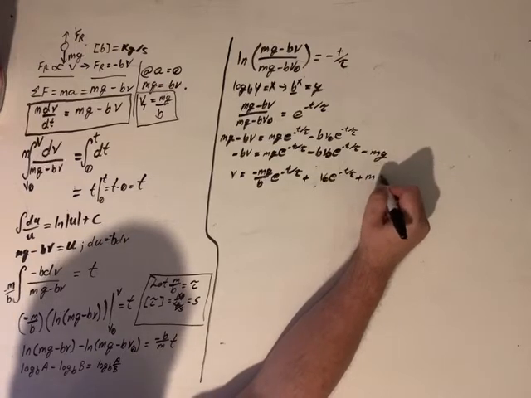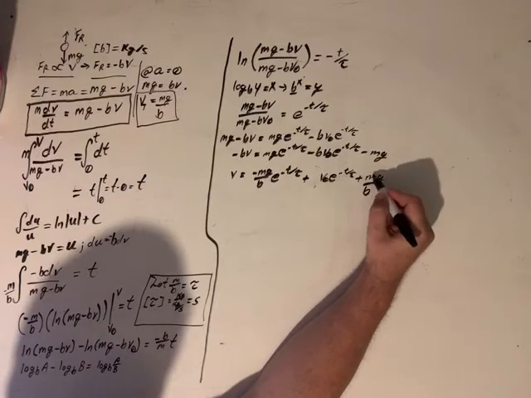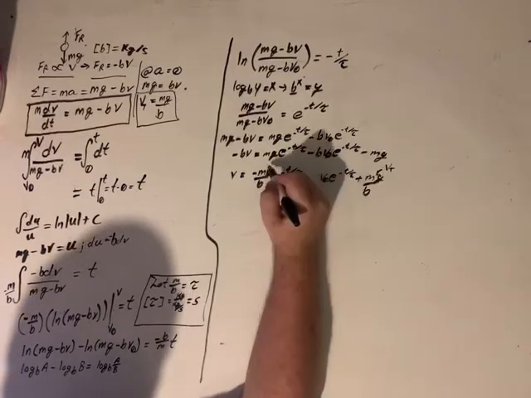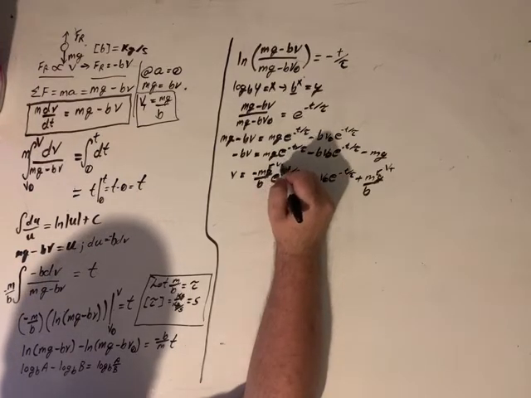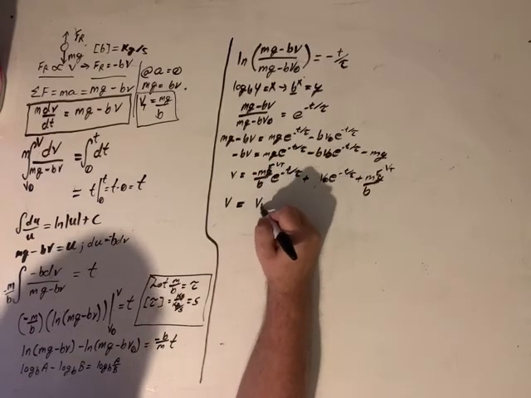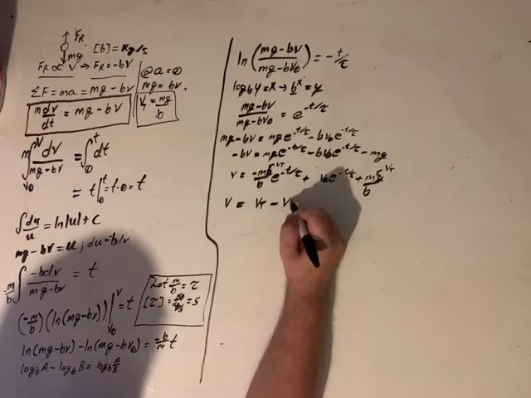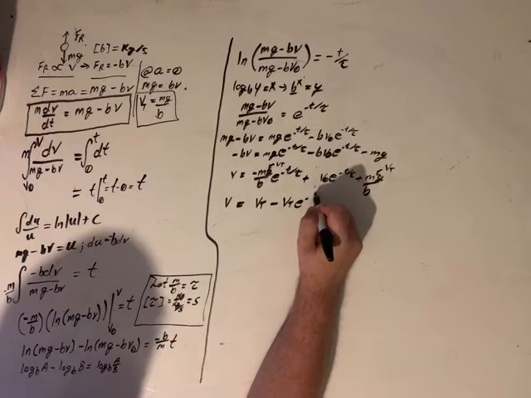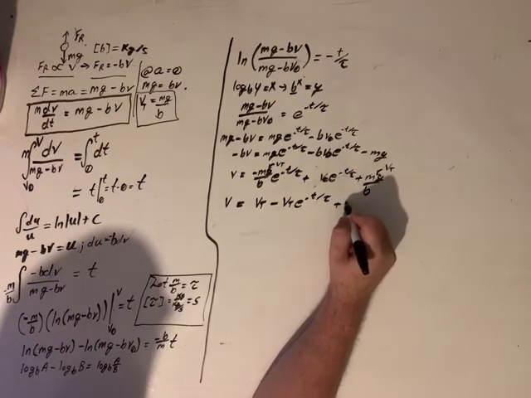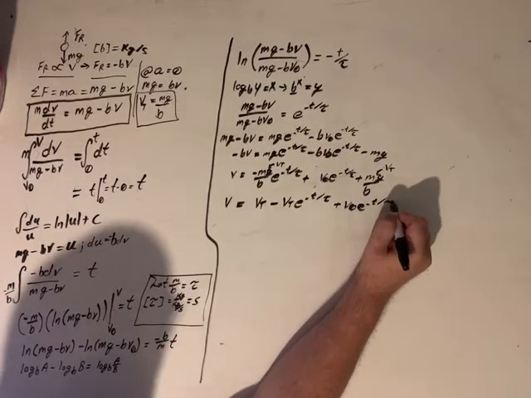plus mg over b. Now remember, mg over b is the terminal velocity. So I can write this again. v equals v sub t, that comes from here, minus v sub t e to the negative t over tau plus v sub 0 e to the negative t over tau.